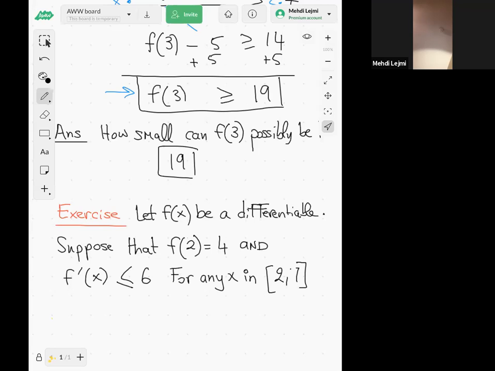All right. Now the question is, how large can f of 7 possibly be?